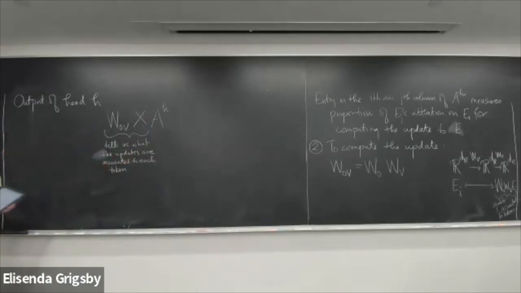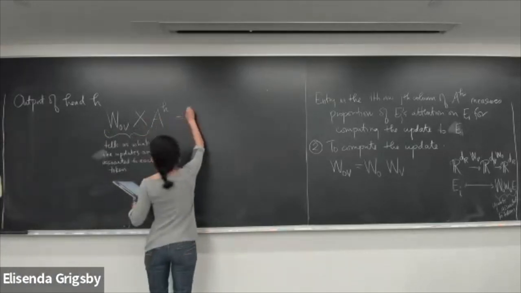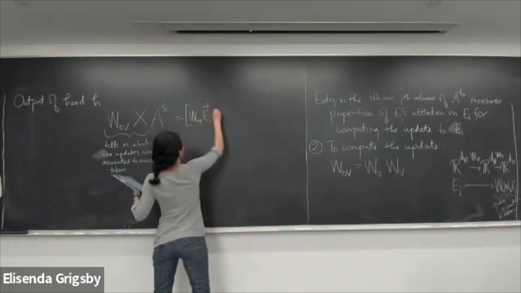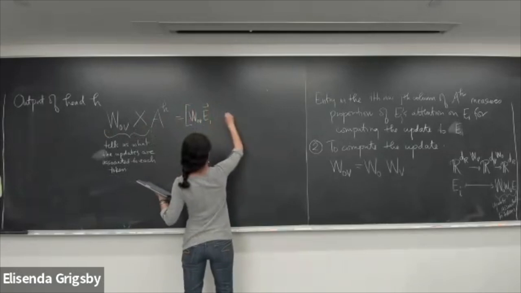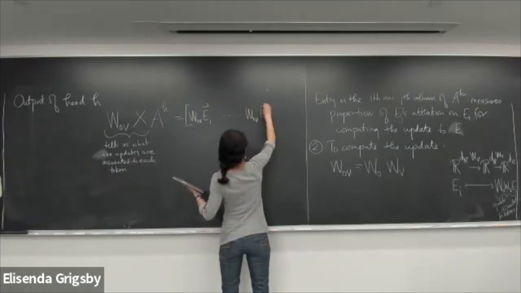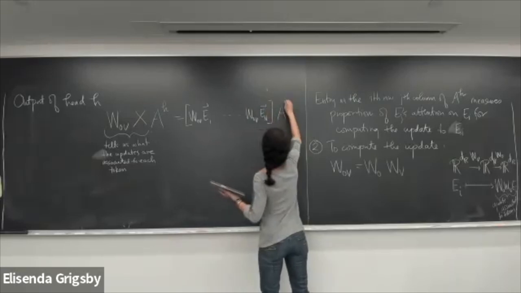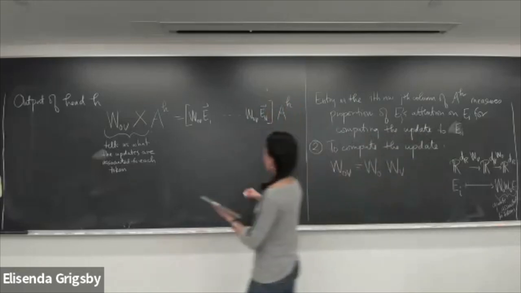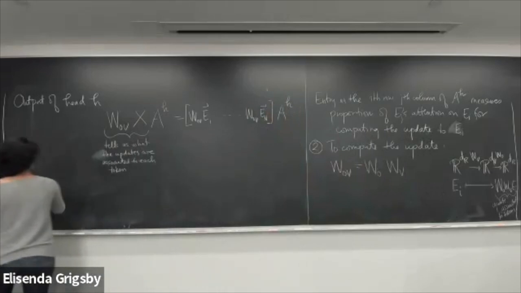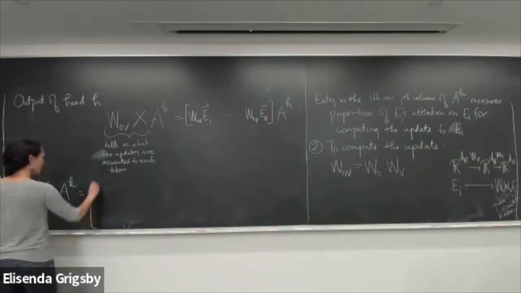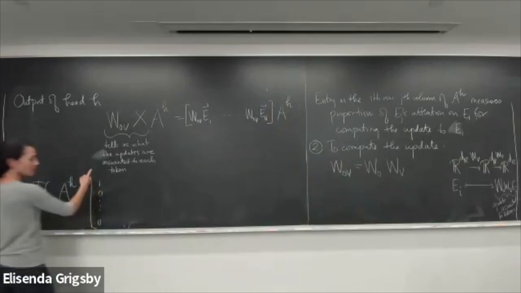So let me just give a concrete example so that you can see what I mean. So this looks basically like WOV times E1, WOV times E2, times this attention pattern. And if this attention pattern, so for example, the first column can only be 1, 0, 0, 0.